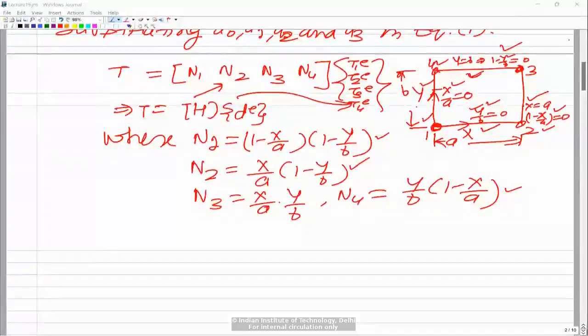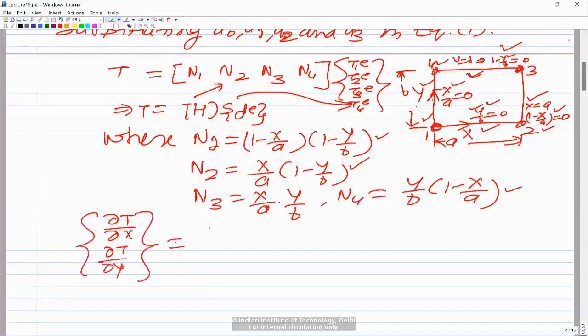What we can do is write the temperature gradients, because in the integral functional we had seen for the 2D heat conduction problem there is a temperature gradient del T by del X. Here the derivatives are with respect to capital X and capital Y. So let me write that: the derivative with respect to capital X and the derivative with respect to capital Y.